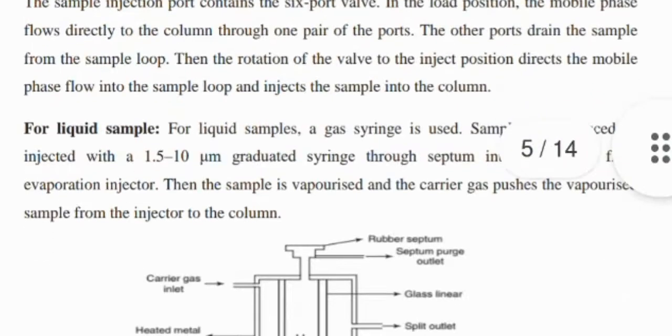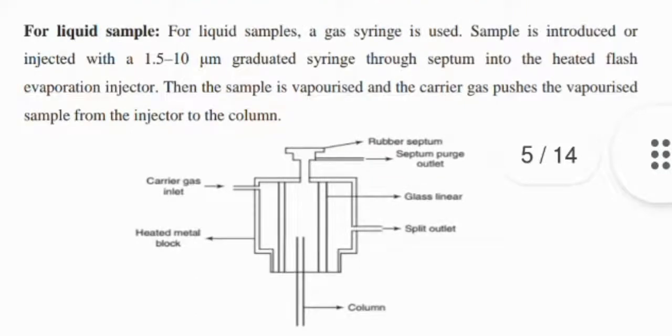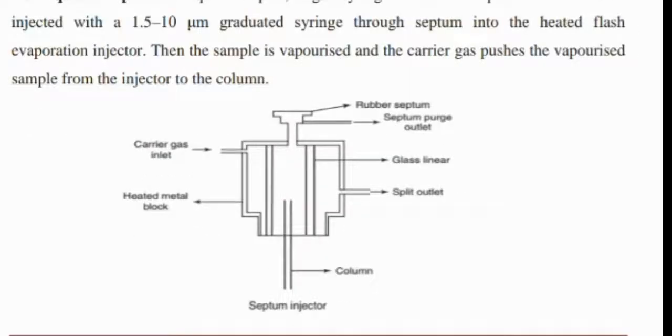For a liquid sample, a gas syringe is used. The sample is injected with a 1.5 to 10 microliter graduated syringe through the septum into the heated flash evaporation injector. Then the sample is vaporized and the carrier gas pushes the vaporized sample from the injector to the column. This one is the sample injector.